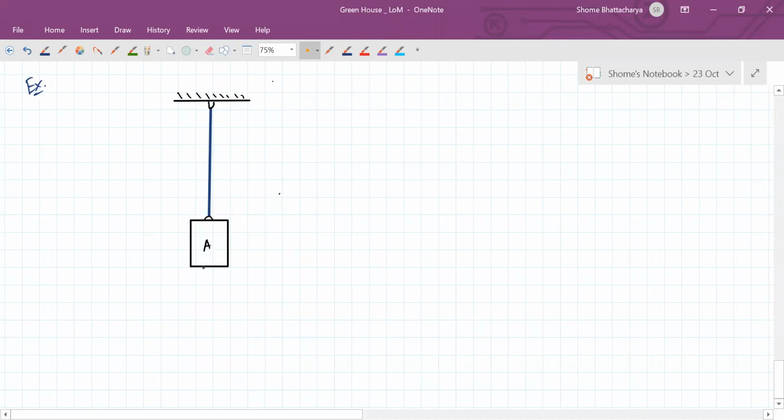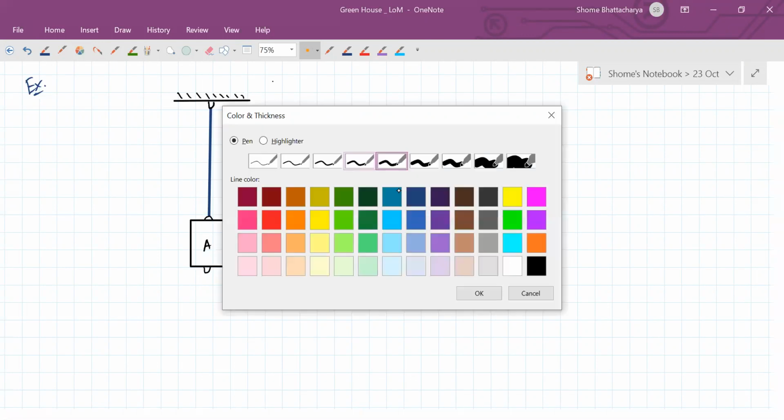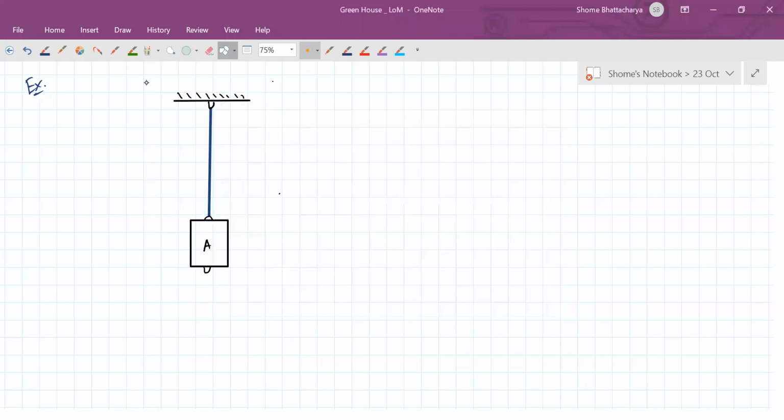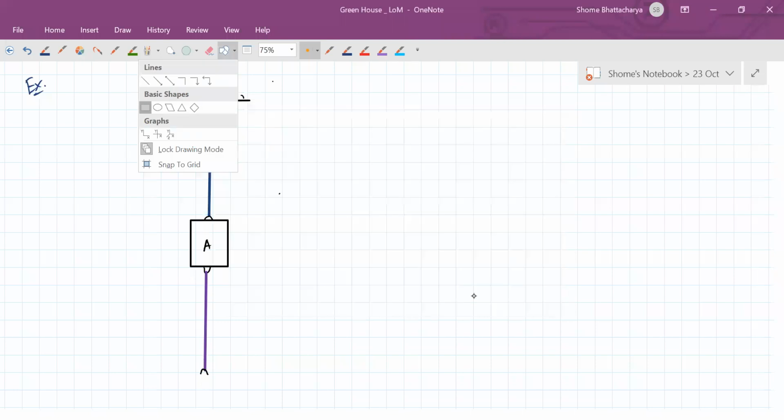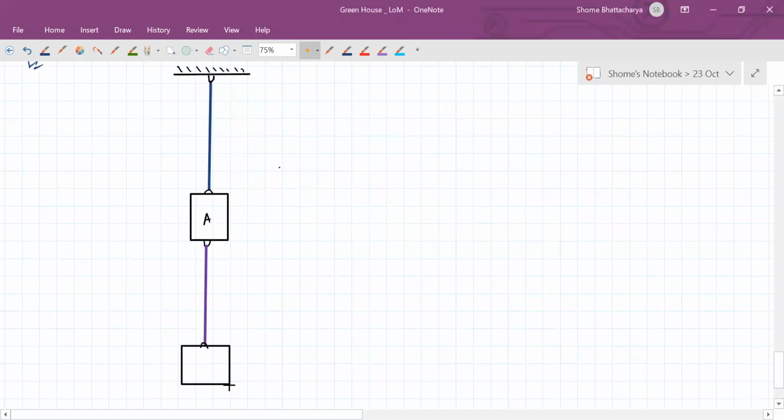There is another hook attached here, and yet another thread or another rope, but massless at the same time. We'll come to heavy ropes later. So another rope or massless thread like this is used to suspend a second block now. So we have this situation, and this is in a vertical situation.